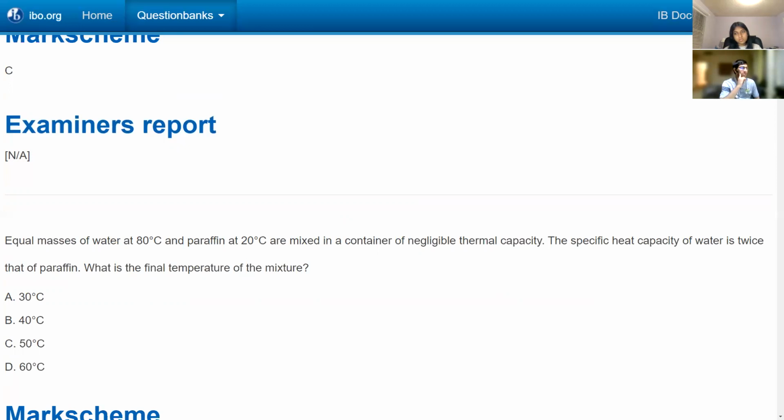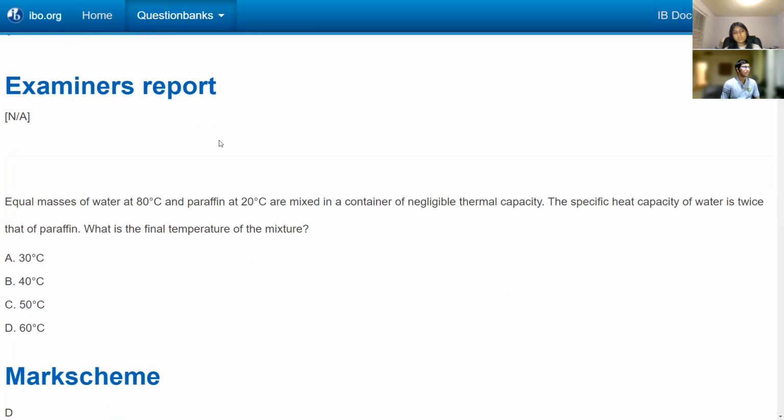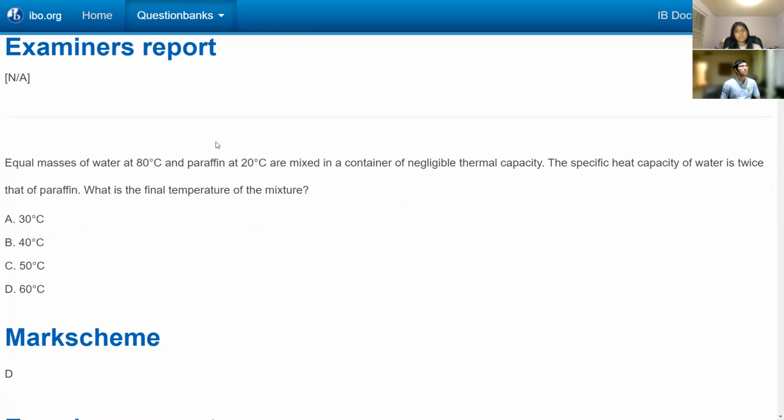They're going to both reach the same temperature, but water is going to be more resistant to change, right? If they both had the same specific heat capacity, it would be 20 plus 80, so 50. But because water is more resistant to change, it would be 60. I think it's 60. D. Yep. My reasoning was correct, right?